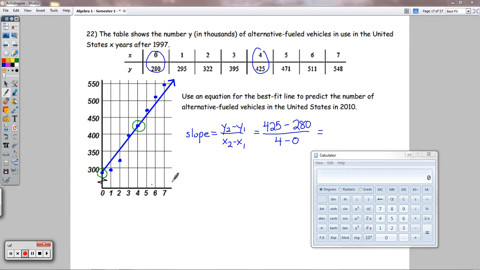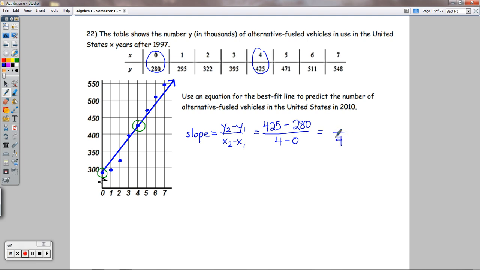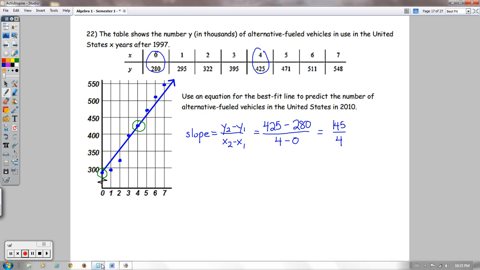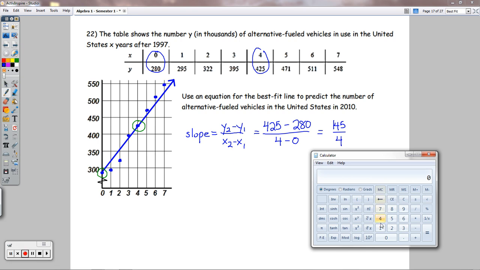I don't necessarily need that for this part, but I might need that later on. So this would be 4, and this would be 145, if I subtract that minus that. And if I put that into a calculator, 145 divided by 4 is 36.25.